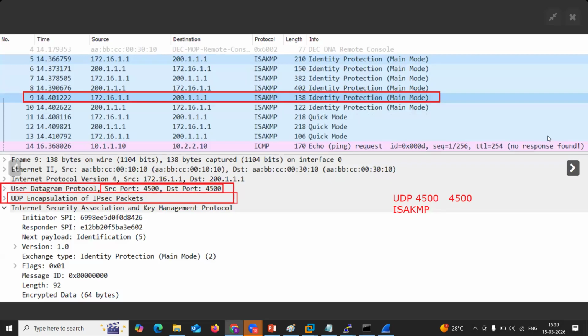After a certain part, the story changes. Can you see here now how the story has changed? The same ESP, the same ISAKMP protocol has changed the story now. Now it is using UDP port number 4500.